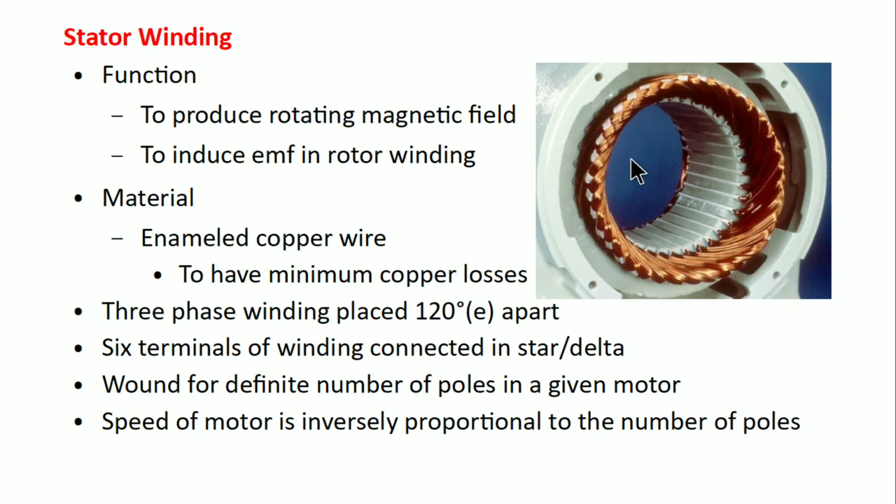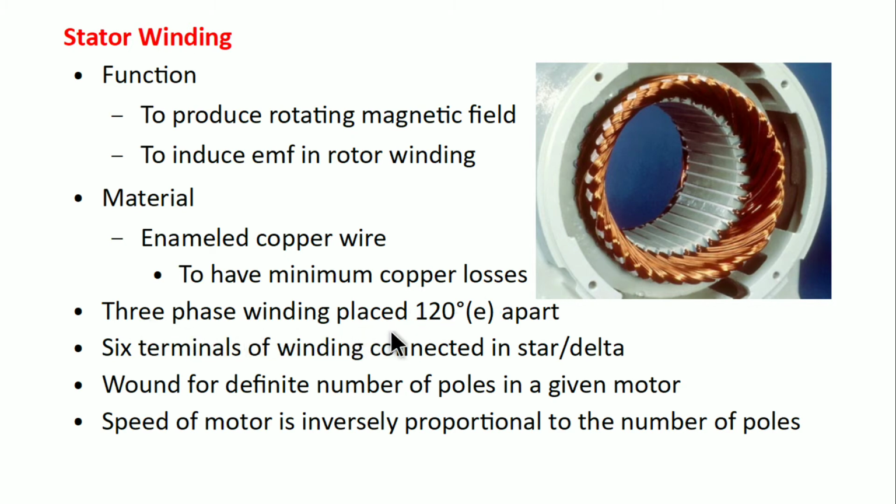These windings are made of enameled copper wire for having minimum copper losses, as copper has low resistance, and enameling is a thin layer of insulation provided on the wire.